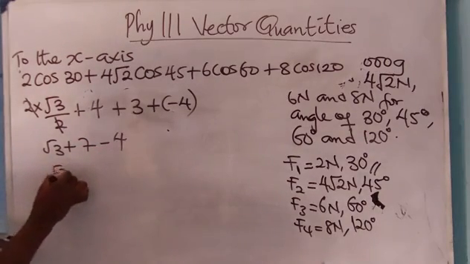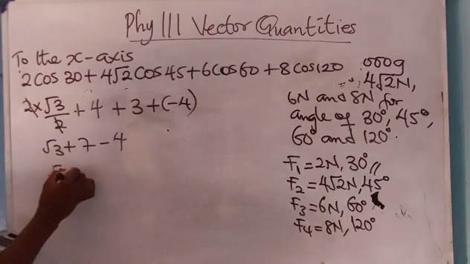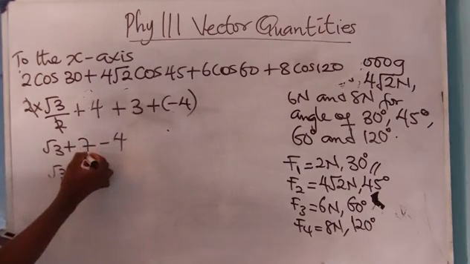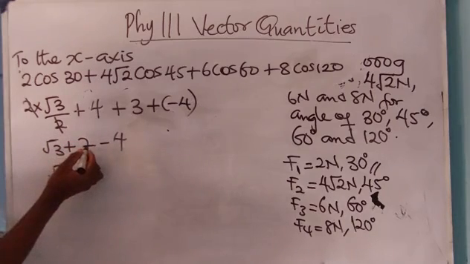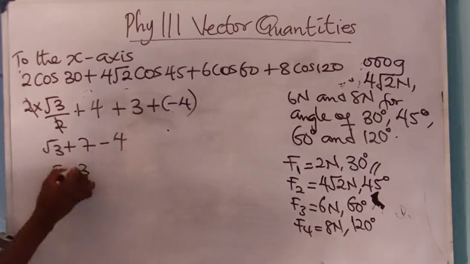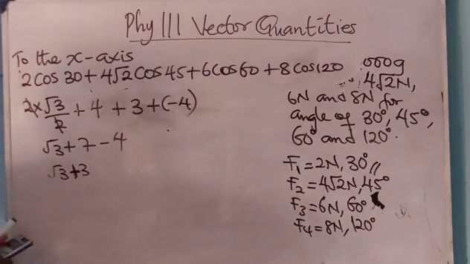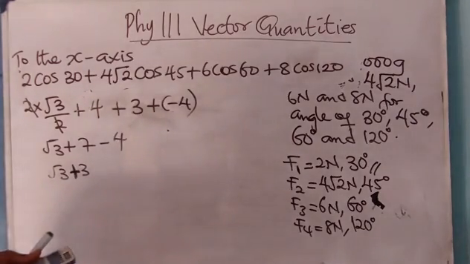So root 3 minus... I have 3 here. Is it plus now? Yes, plus 3. So root 3 plus 3 equals root 6.